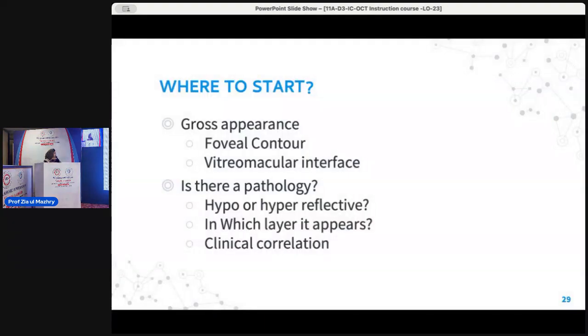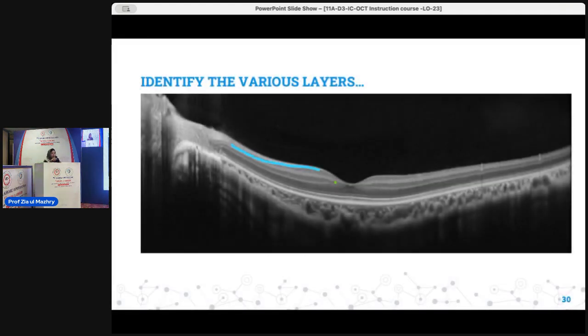So this is the slide I have already gone through. So now I will ask the audience to check in and identify the various layers. Can anybody identify this layer here? Blue. I have already shown it. Never mind. Okay. What is this layer here? Can anybody tell me this one? Outer nuclear layer.